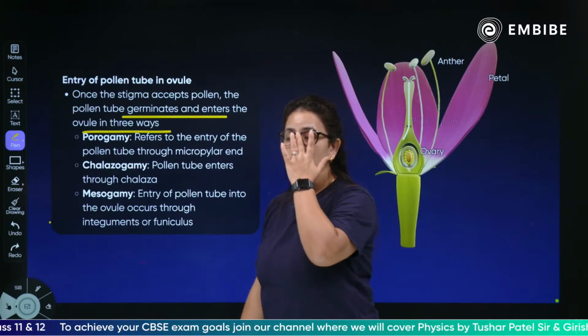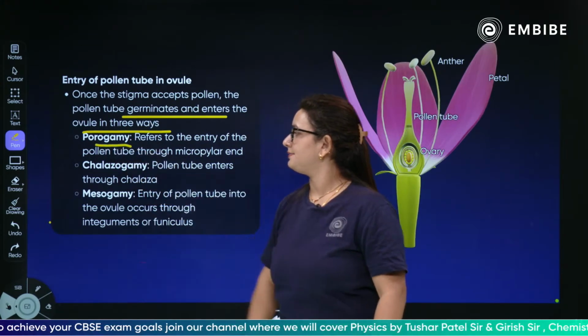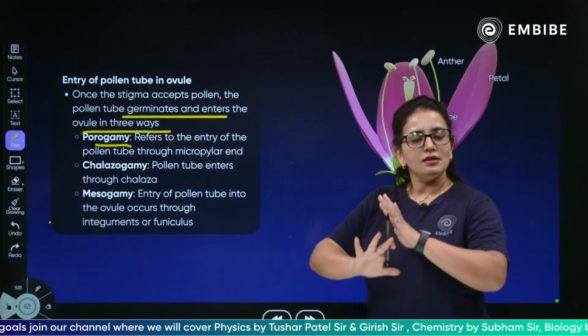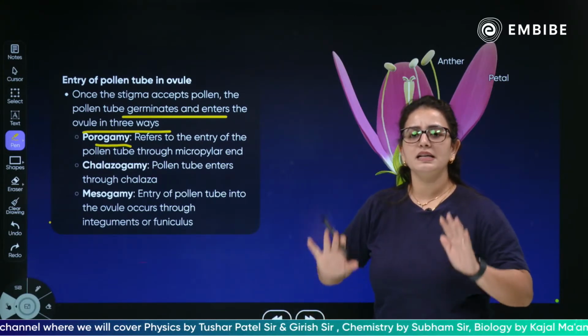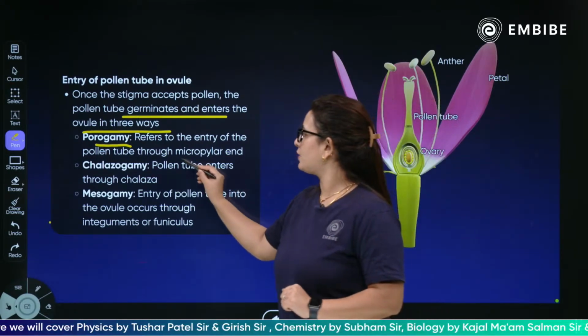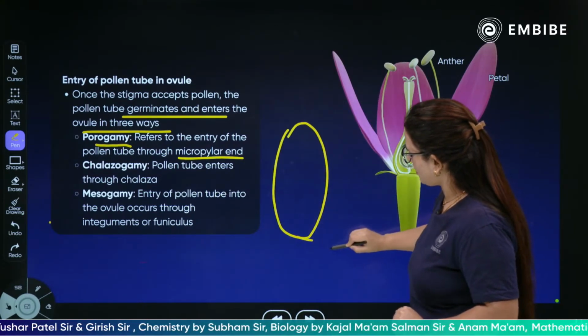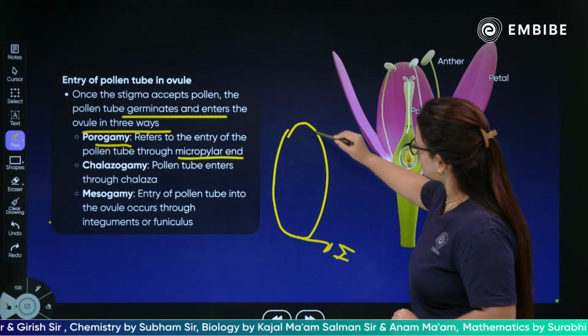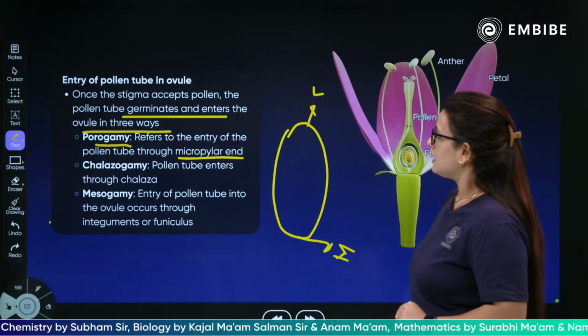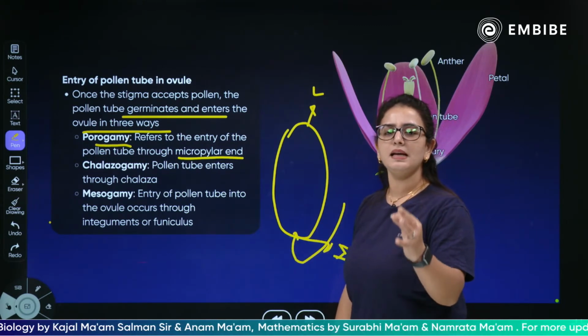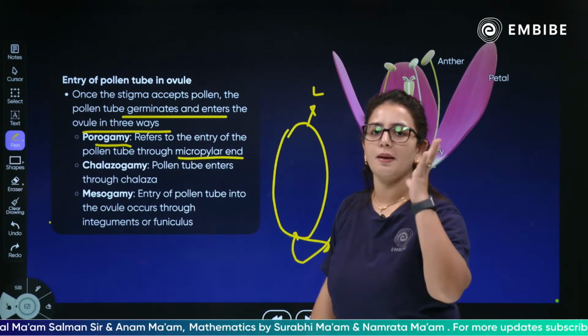So, the very first is porogamy. Very simple. If the pollen tube is entering through the micropylar end, like this is your egg cell, this is your micropylar end, and this is your chalazal end, it is called porogamy.